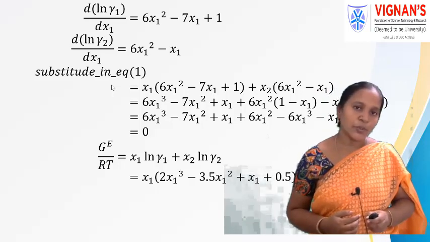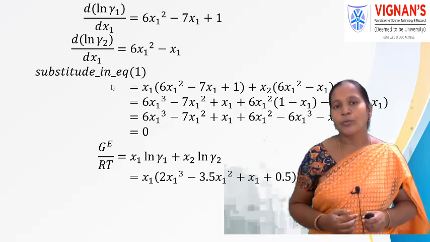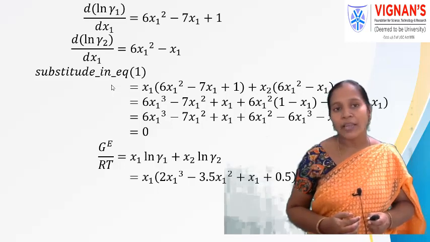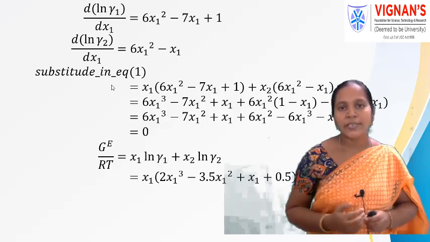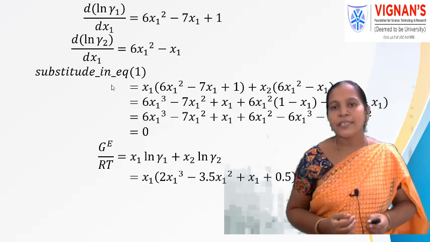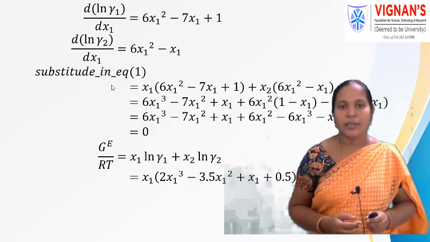Now substitute in equation 1, which is x1 into d of ln gamma 1 by dx1, that is 6x1 square minus 7x1 plus 1, plus x2 into 6x1 square minus x1.